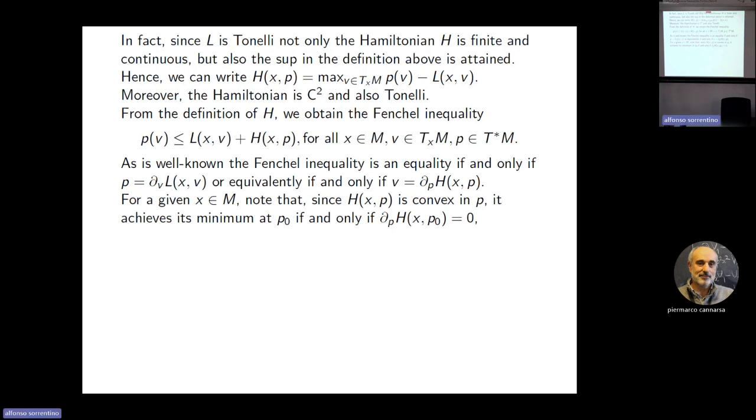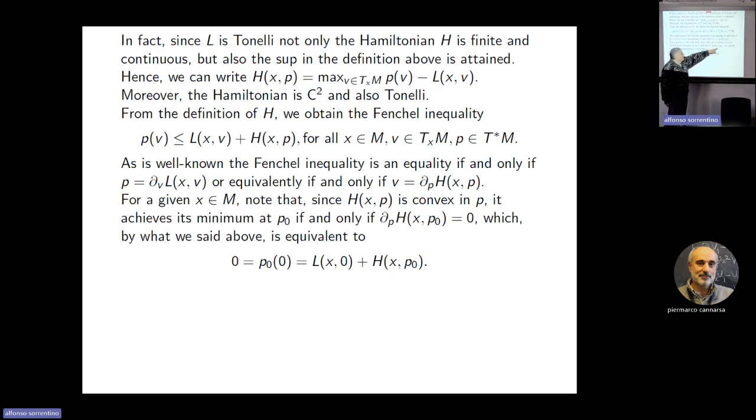Now, for a given x, since H(x, p) is convex in p, it achieves its minimum at p0 if and only if the partial derivative with respect to p at p0 is 0. But if the partial derivative here at p0 is 0, then we have equality in the inequality, and therefore we get L(x, 0) is equal to H(x, p0).